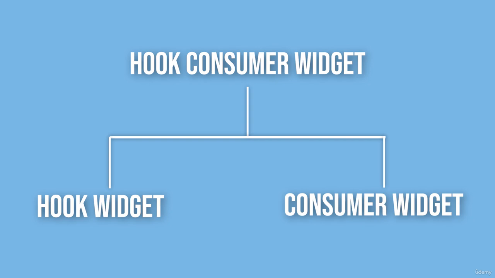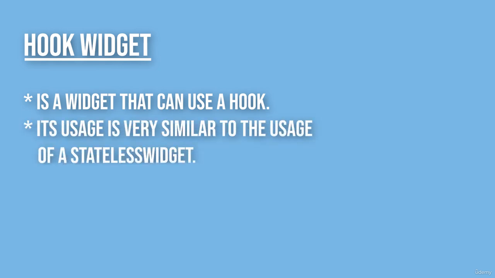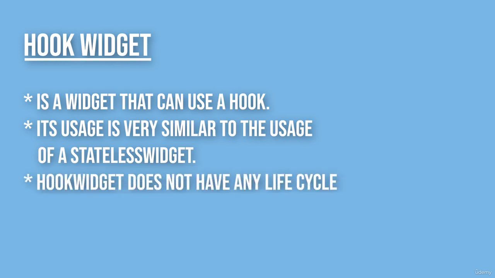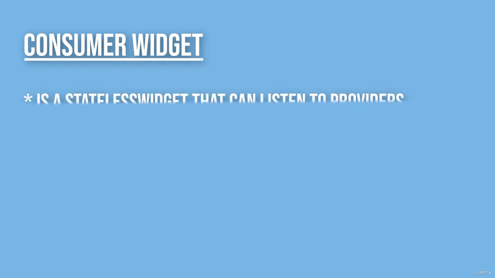According to the Flutter docs, a hook widget is a widget that can use a hook. Its usage is very similar to the usage of a stateless widget. Hook widget does not have any lifecycle and only implements the build method. Now, on the other hand, a consumer widget is a stateless widget that can listen to providers.